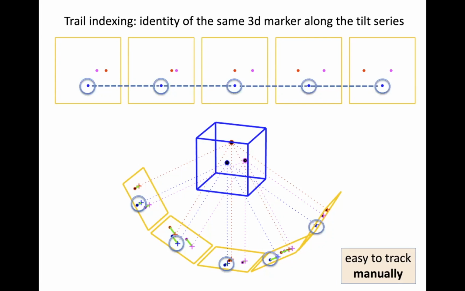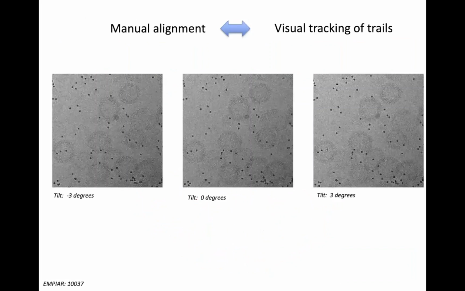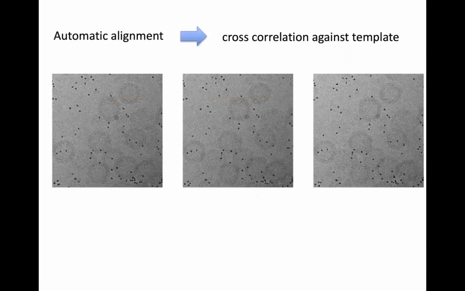You just see what is what. And that is more or less what you would do with IMOD or Dynamo when you use them in manual mode. You say, I see my gold bead in this micrograph, and this gold bead is this gold bead in the next slide, and this gold bead is this gold bead in the next slide. That is pretty trivial when you're doing it manually.